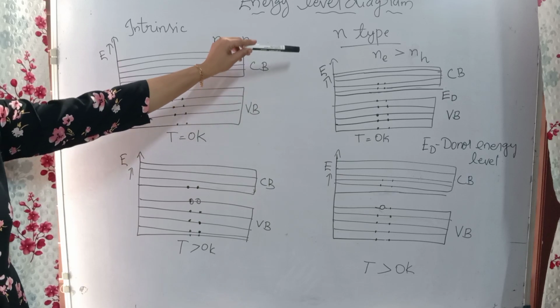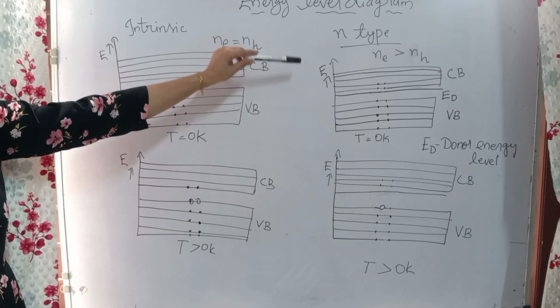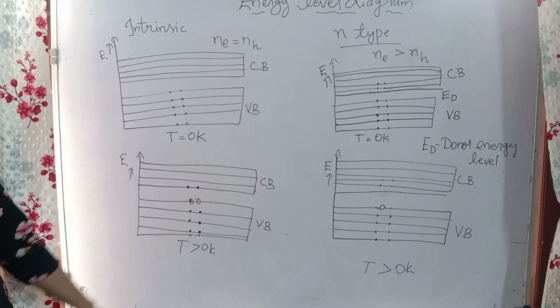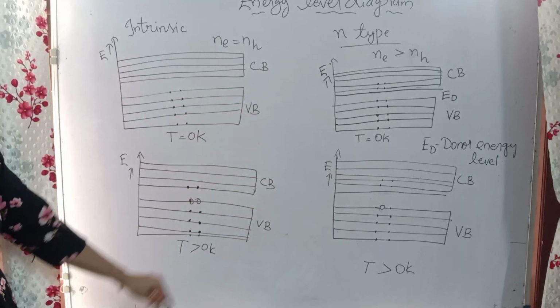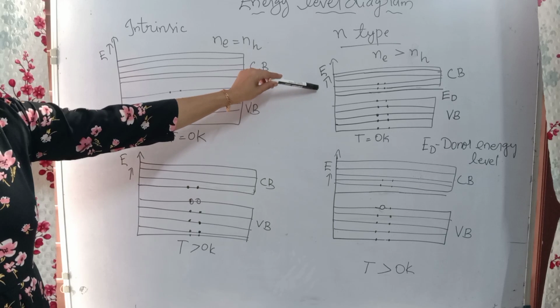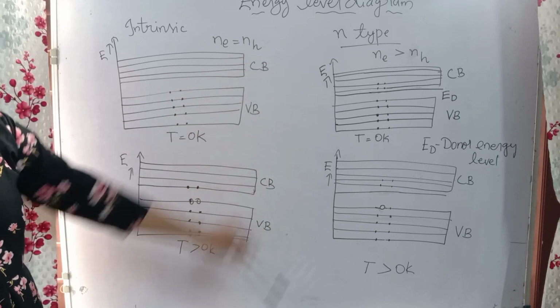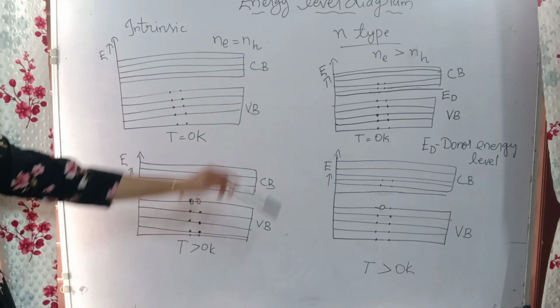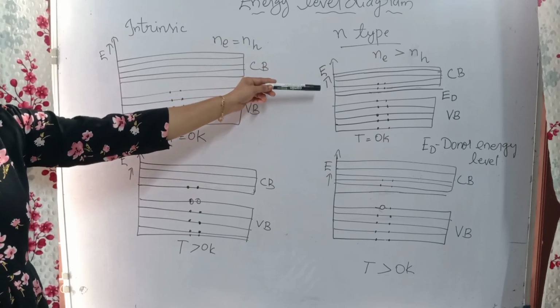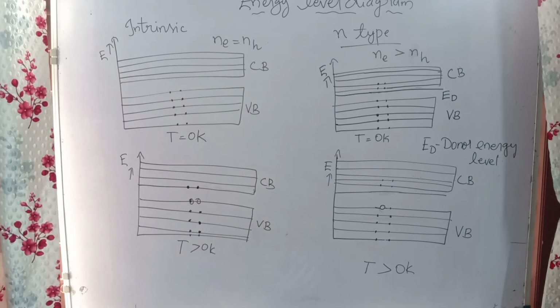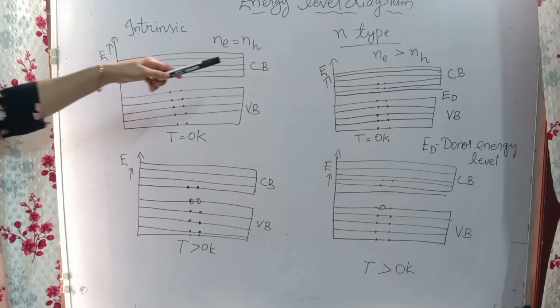And we know in the case of an n-type semiconductor, the number of electrons will be more than the number of holes. So here the valence band will be completely filled, and some electrons will be there in the conduction band also. The conduction band is not completely filled, it is partially filled with electrons, right? Why are there electrons in the conduction band?